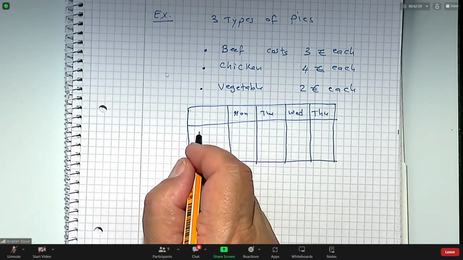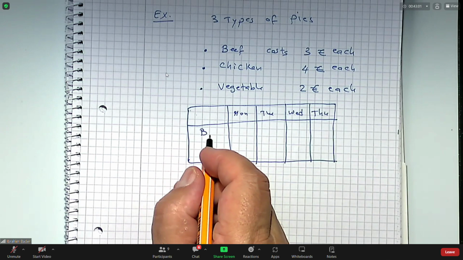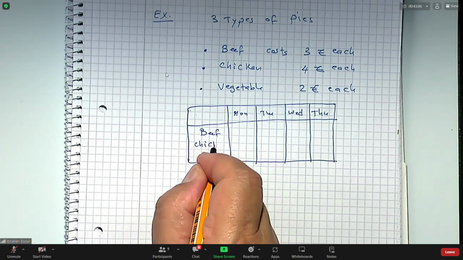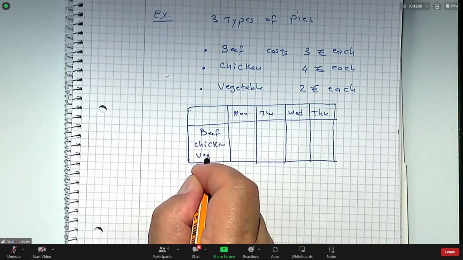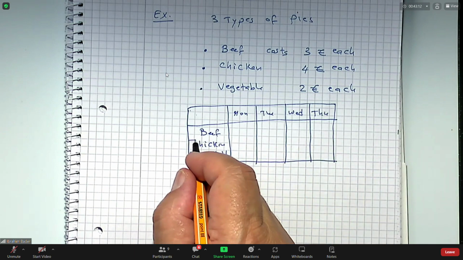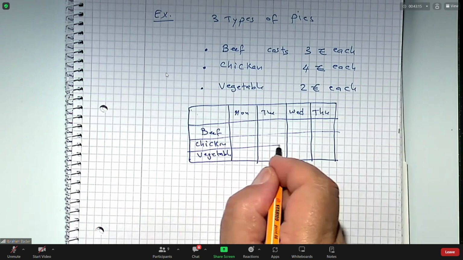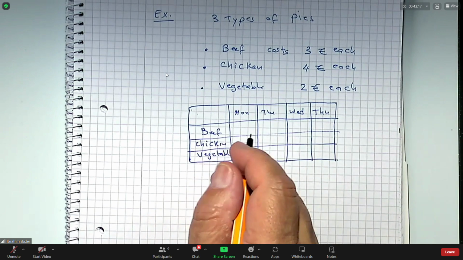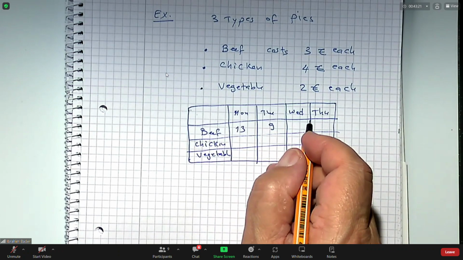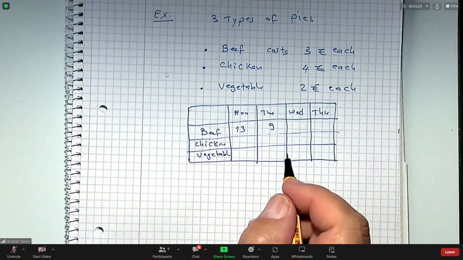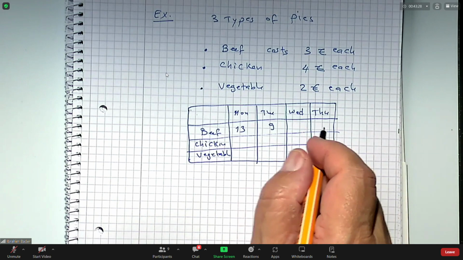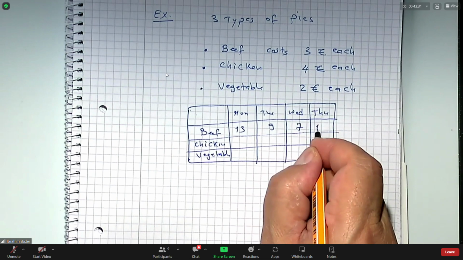And here we have beef, chicken, and vegetable. So let's assume here we have this table, and these are the numbers recorded: 13, 9, 7 and 15.